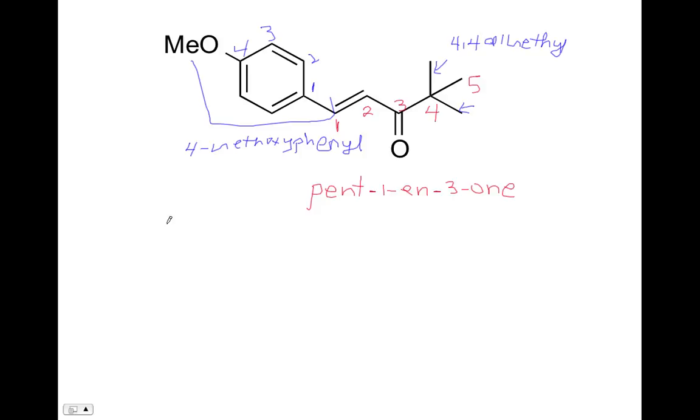So to put the name together, it is 4,4-dimethyl. Actually, this wouldn't come first because it's in alphabetical order. The D doesn't matter. So you should have 4-methoxyphenyl.